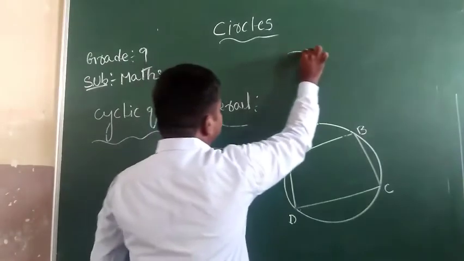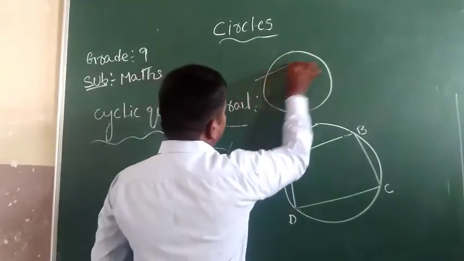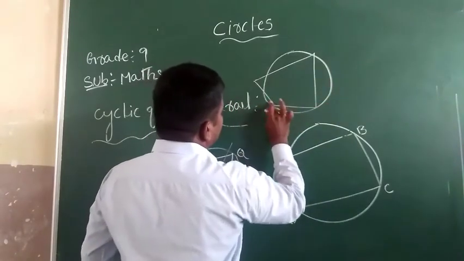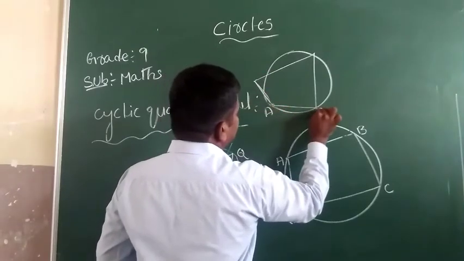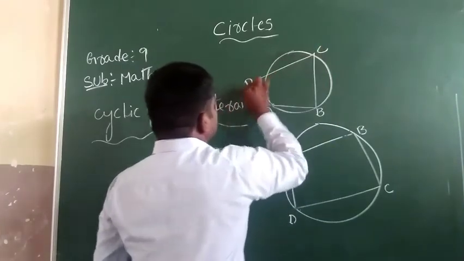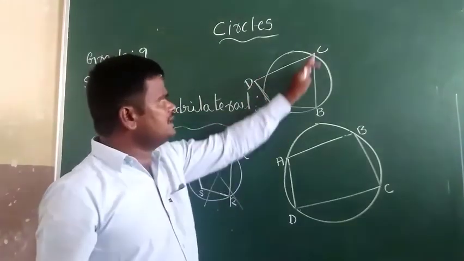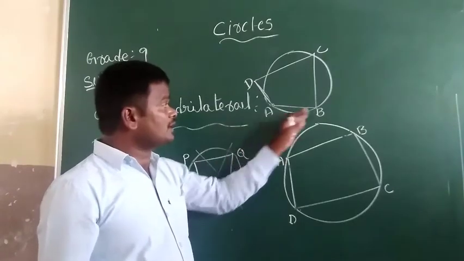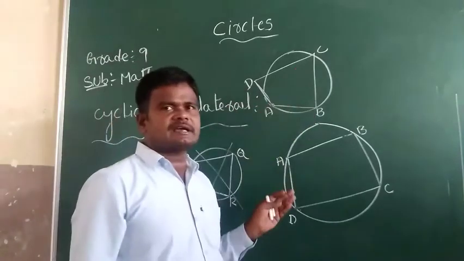Come to another one. A, B, C, D. So observe the figure. ABCD is also a quadrilateral, but ABCD is not a cyclic quadrilateral.